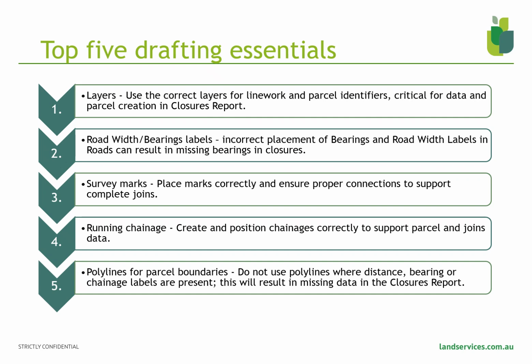Polylines for parcel boundaries. Do not use polylines where distance, bearings, or chainage labels are present. The system cannot correctly associate labels with polyline segments. Getting these 5 fundamentals right from the start will significantly reduce errors in your closures and joins report, streamlining the overall plan lodgement process.